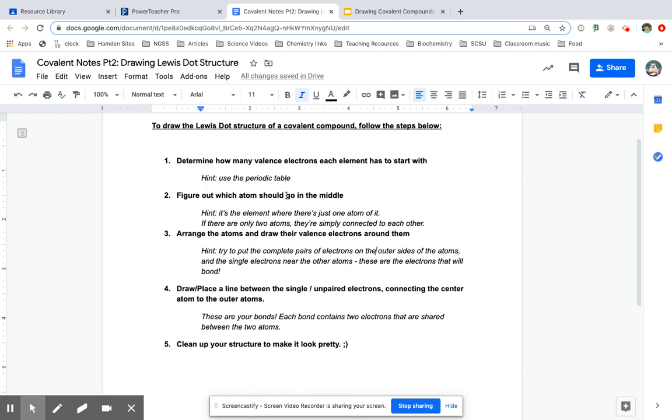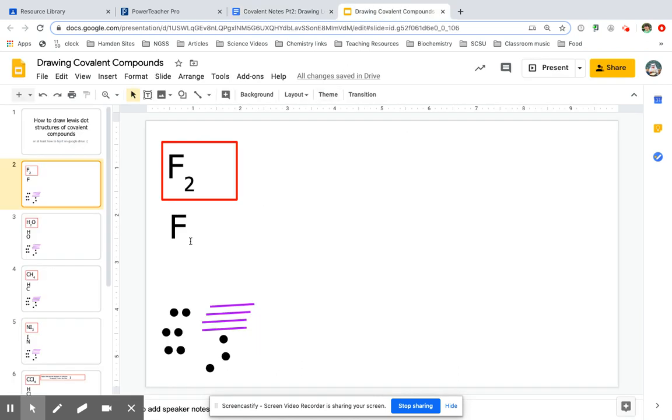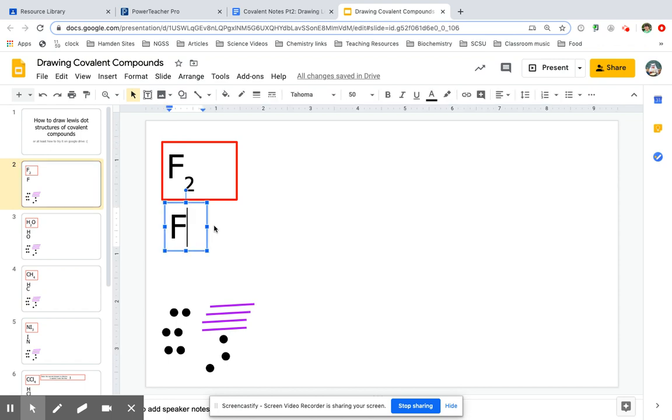Figuring out which one should go in the middle, there's just 2 atoms, so they're going to be connected to each other. This in red is the compound you're going to try to make. This is your scratch pad. If you want to make more copies of these, just use your cursor so that you have the little crosshairs, the up and down and side to side arrows.